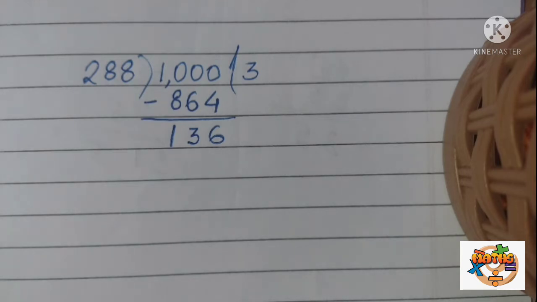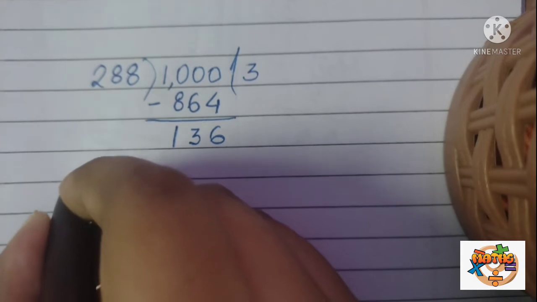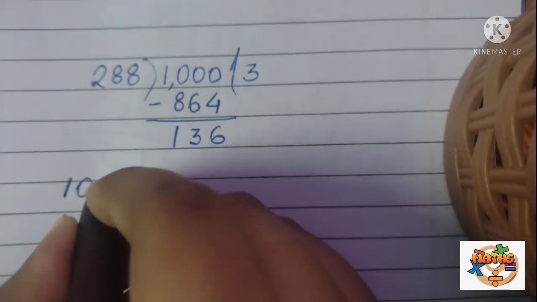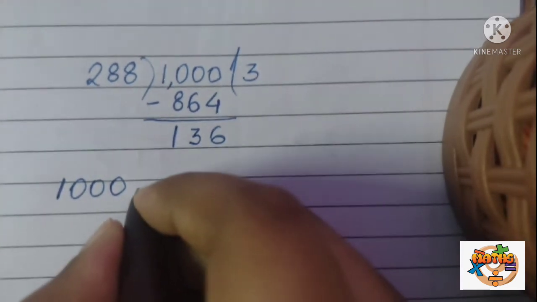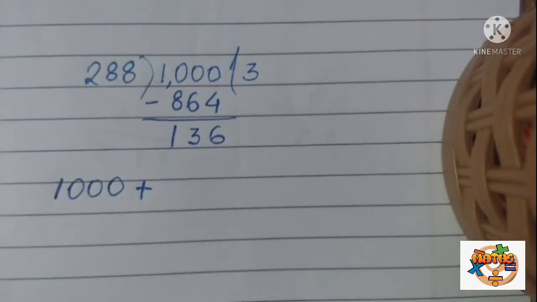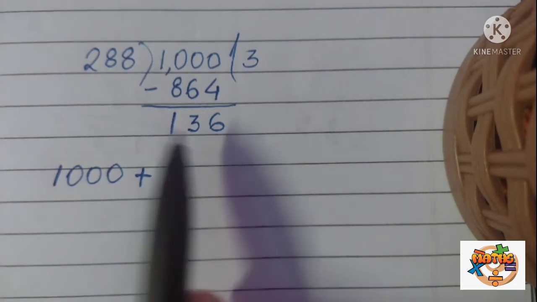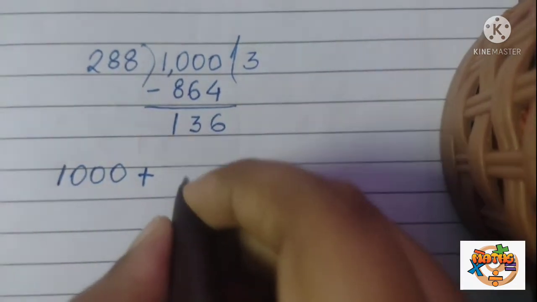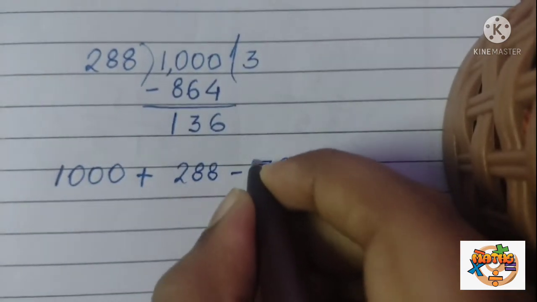Now keep one thing in mind, whenever we add, first of all you will write the dividend, that is 1000. Then plus sign, and you will not just simply add. First of all you will subtract the remainder from the divisor. So divisor is 288 minus remainder 136.